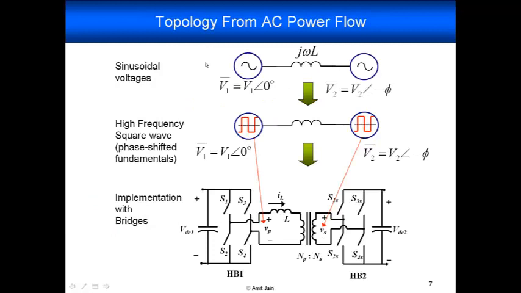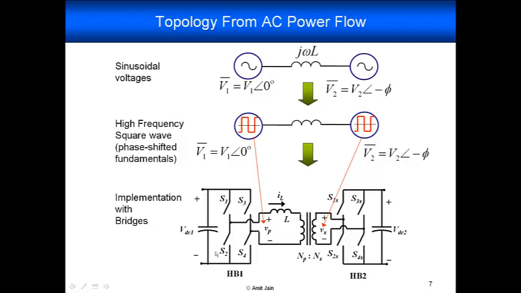So this is again a repeat of the diagram we saw on the last slide. We start with a 2-bus AC system with sinusoidal voltage sources, and we then replace these sinusoidal voltage sources with square waves, high frequency square waves, and then we go ahead and implement the circuit which will generate these square waves.